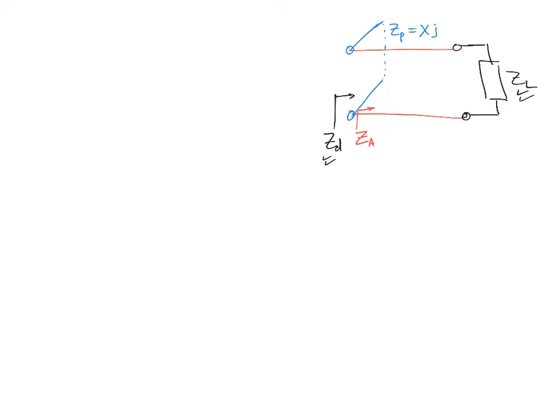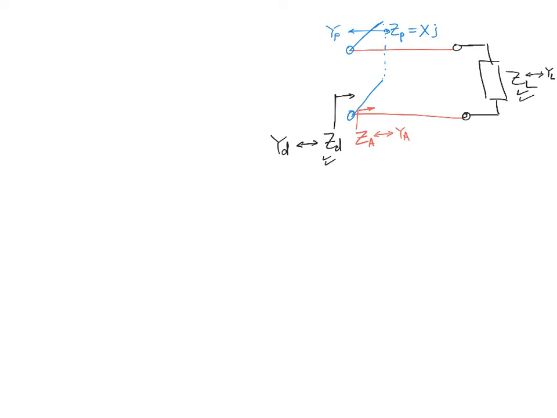For ZD, we have the corresponding admittance, call it YD, and for ZL we have YL, and for ZA we have the corresponding admittance YA, and for ZP we have the corresponding admittance YP, right, Y parallel.